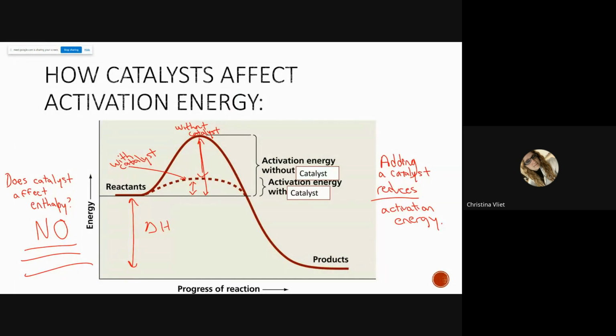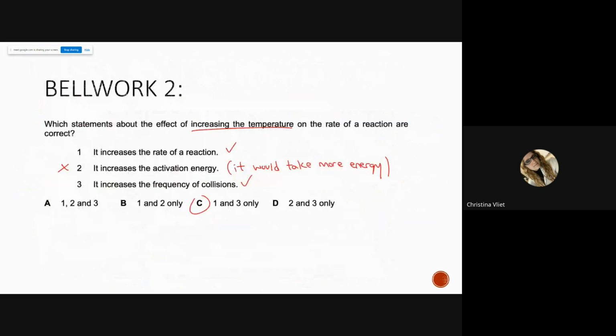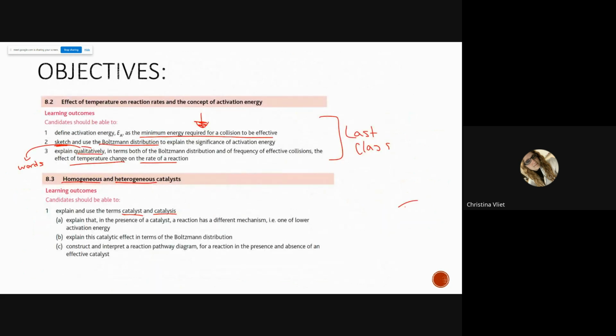What type of diagram is this called, by the way? I think it was mentioned in here. It's called a reaction pathway diagram. We called it in the first lesson an enthalpy profile diagram, where we gave the energy of the products and the energy of the reactants.